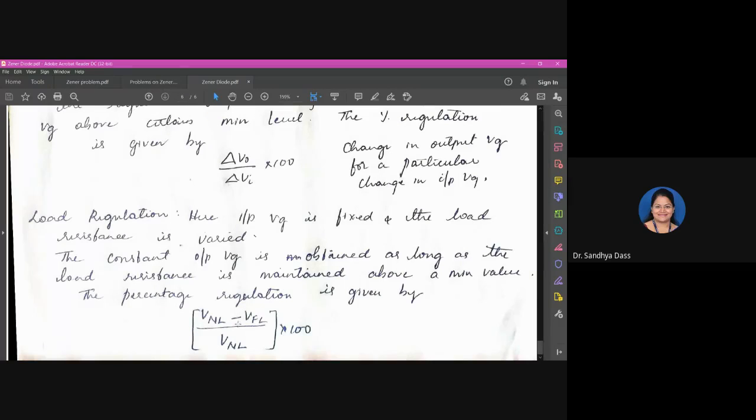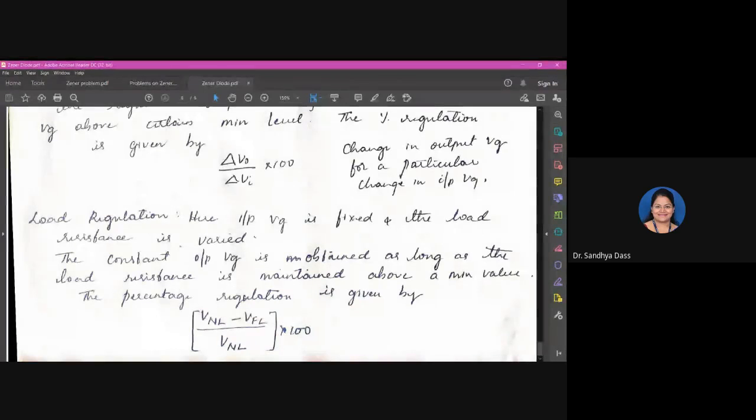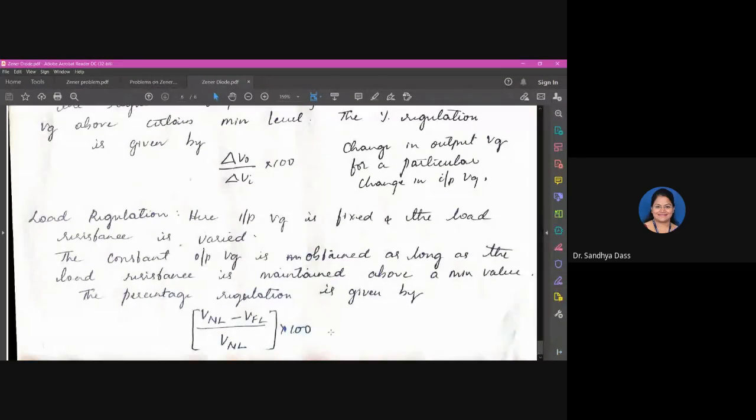So VNL minus VFL by VNL into 100 will be your percentage regulation in terms of load regulation. When there is load, what is your output, and without load, what is your output, you note down separately and find the percentage regulation. That's the procedure in a practical scenario. Please note down all these expressions. You need to know them when you're explaining or discussing the Zener diode.